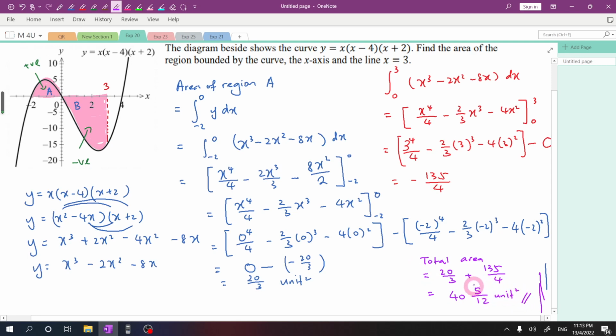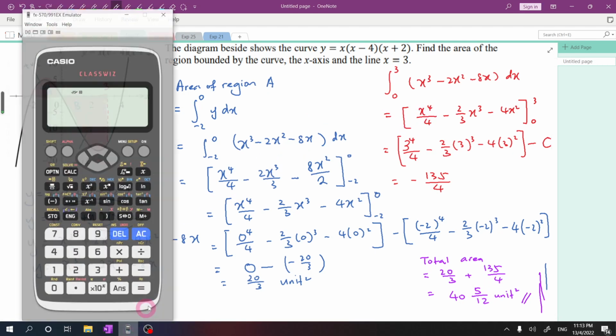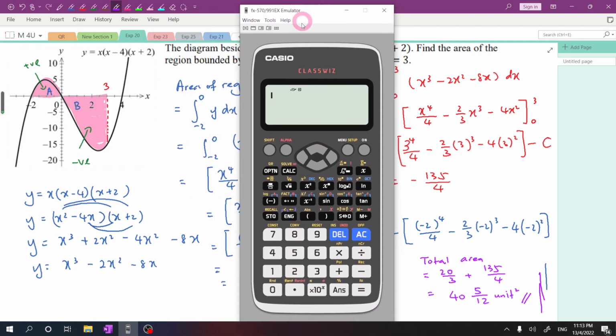So what will happen if you take negative 2 as a lower limit and 3 as the upper limit? You don't want to do it separately. You will actually get the wrong answer. Okay, let me show you here. I just use the calculator to show you. I find the definite integral.